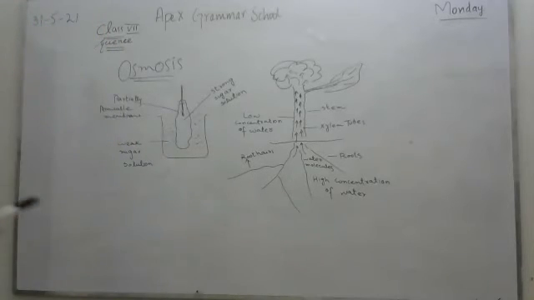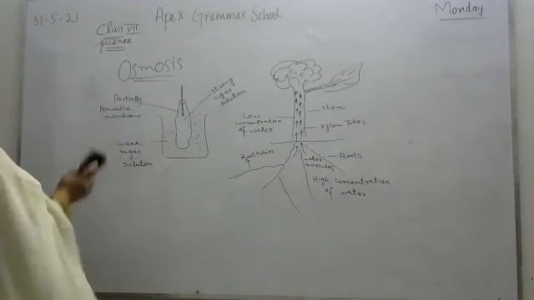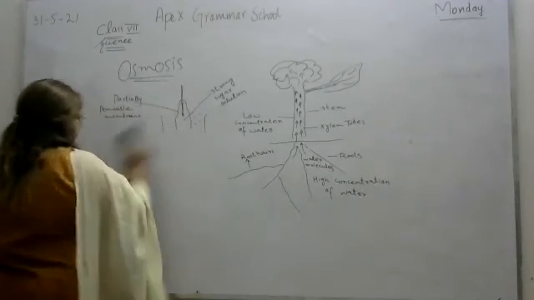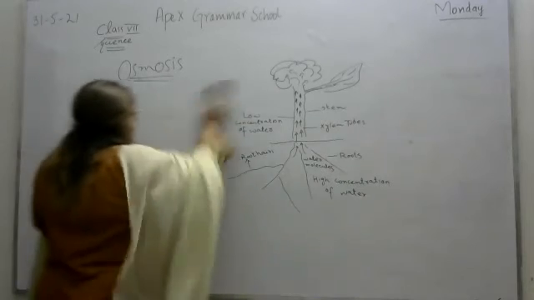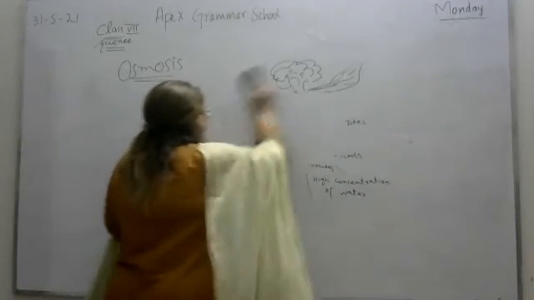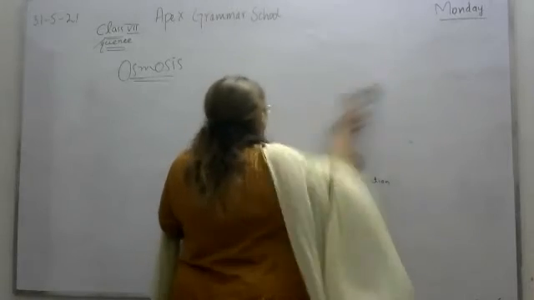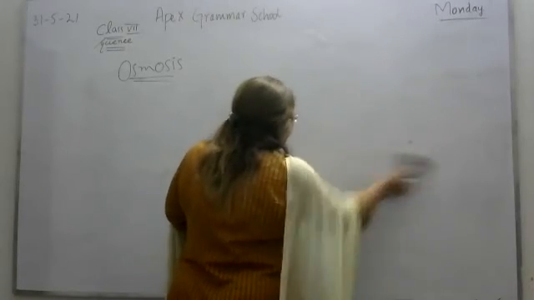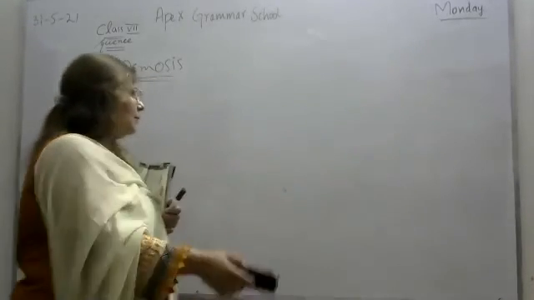Our animal cell and plant cell all have partially permeable membranes. To understand this concept, we will draw the diagram. What are partially permeable membranes?